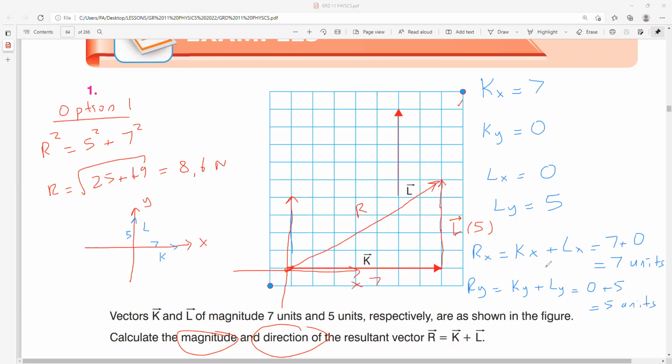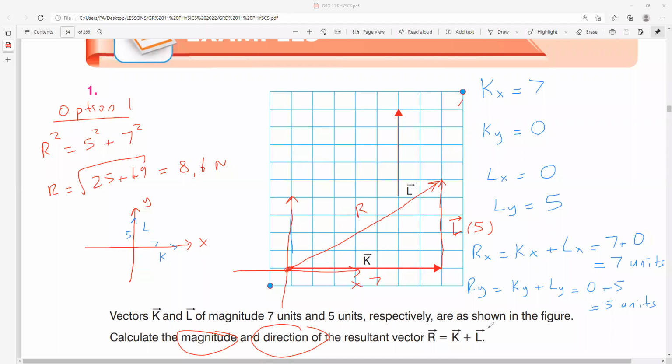I hope everything is clear. What are we trying to do, people? On our x and y system, we are trying to show all forces. After that, it is easy to calculate, people, because in other questions you will see too many forces at the same time. But if you put everything on this system, after that it is all the same thing. This is the formula we are going to use, people. So now, how can we calculate R?